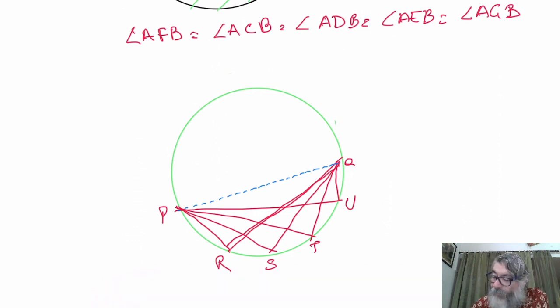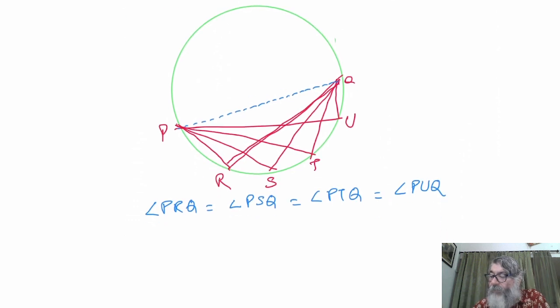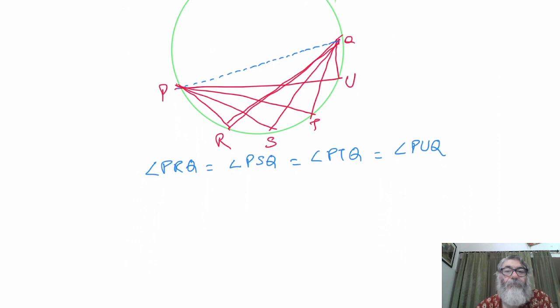Angle PRQ is equal to angle PSQ is equal to angle PTQ is equal to angle PUQ. Please notice the extreme alphabets: PQ, PQ, PQ, PQ. PQ is the base of the triangle, and on that the vertices are R, S, T, and U, and all these vertices are lying on the circumference of the circle.